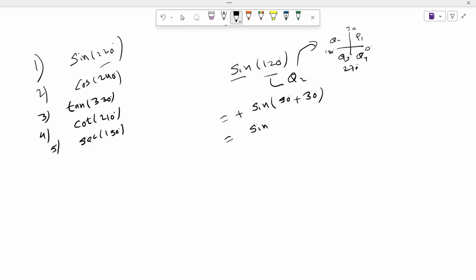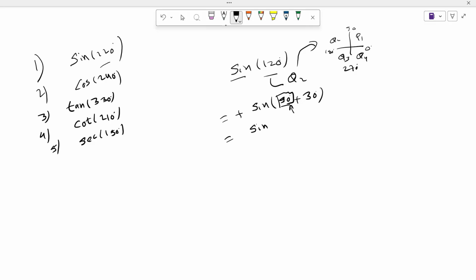Sine of, now among these two numbers, first discard the first digit in the unit place and concentrate on the second digit only. If this number is odd, then the resultant function will change. If the number is even, then the function will remain as it is.